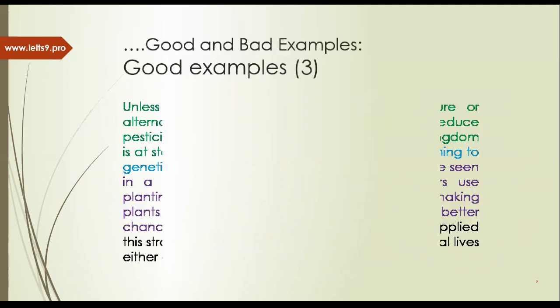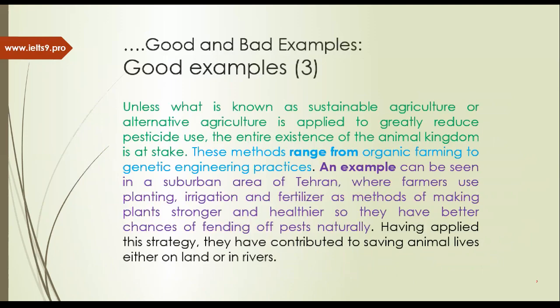So let's have a look at another good example. Again, we've got sentence 1, 2, 3, and 4. Unless what is known as sustainable agriculture or alternative agriculture is applied, the entire existence of the animal kingdom is at stake.